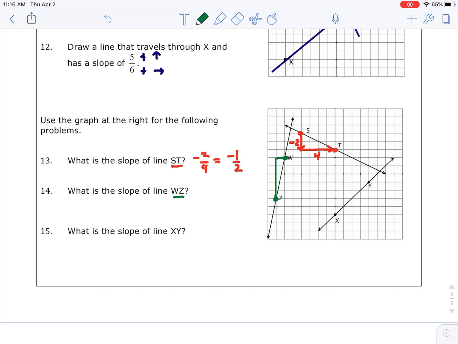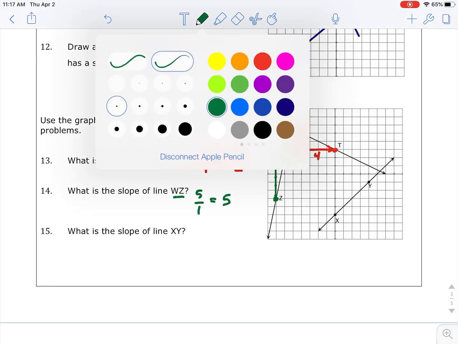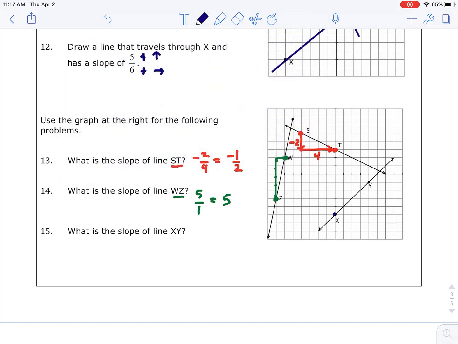Since I'm going up a value of 1, 2, 3, 4, 5, and then I'm going to the right 1, my slope is 5 over 1. Like you saw in example number 11, since my denominator is a 1, I can simplify that to just a slope of 5.